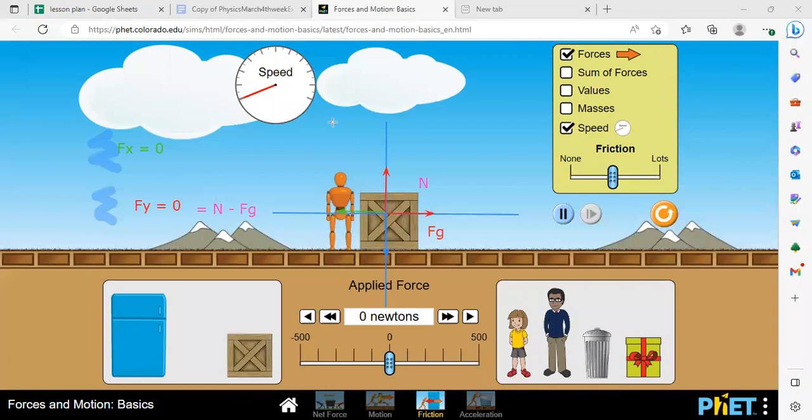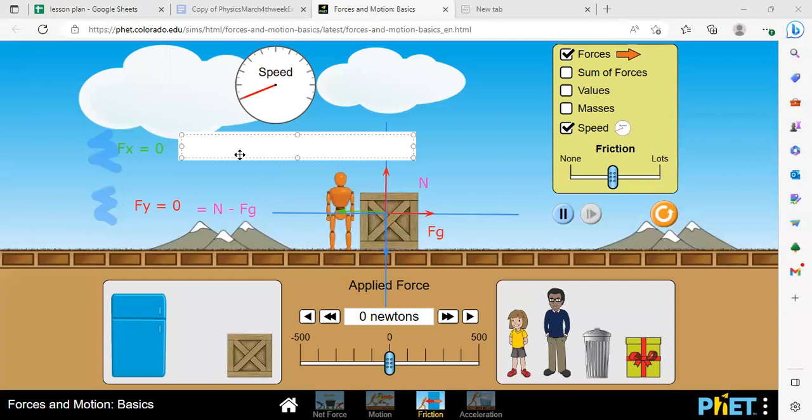So, dito sa along y natin, along x pala natin, hindi na zero, no? Kasi tinutulak mo siya eh. So, zero pa rin pero hindi na zero yung mga forces that are there. Nag-counteract lang yung mga dalawang forces.